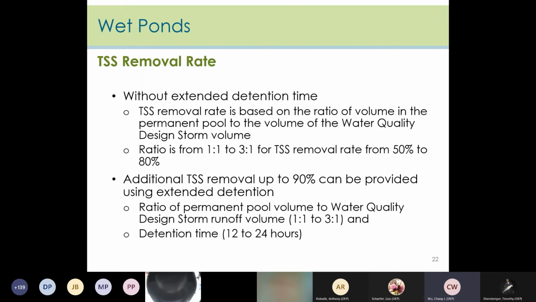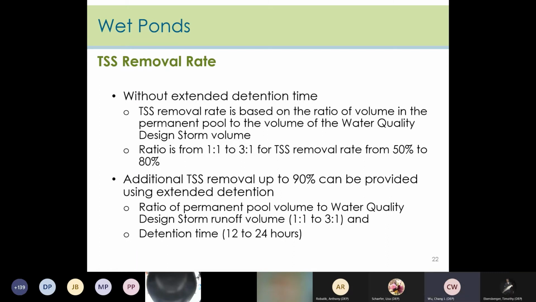A wet pond's TSS removal rate is determined by the ratio of the volume in the permanent pool to the water quality design storm volume, and additionally by the extended detention time provided by the wet pond. The detention time in the wet pond is the same as the detention time calculated for the extended detention basin.